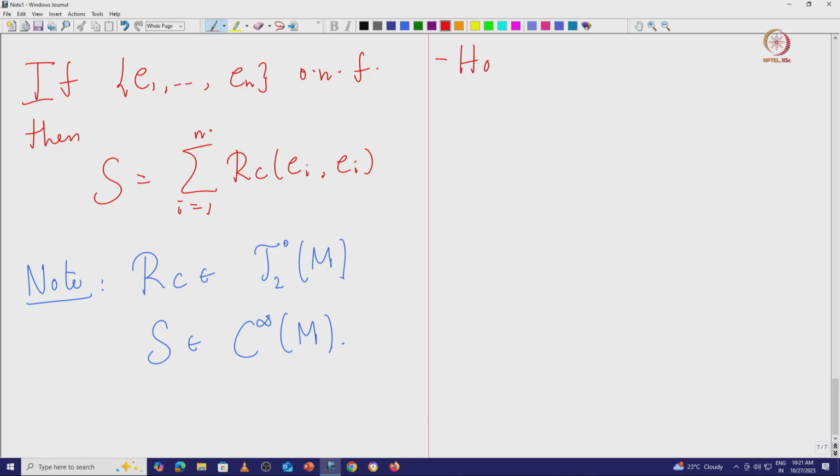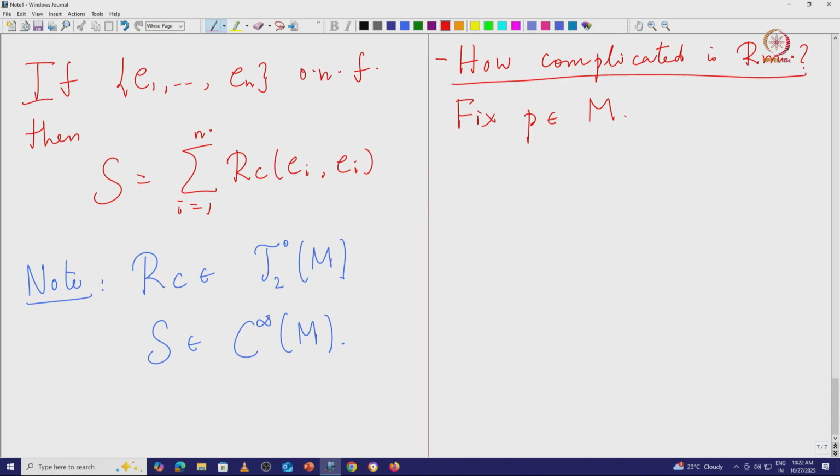So really I want to end this lecture with some remarks. How complicated is the curvature tensor in comparison to the Ricci curvature tensor? Let us fix a point p, because all of these are tensors, so one can just evaluate them at a point, and let us consider the following numbers.